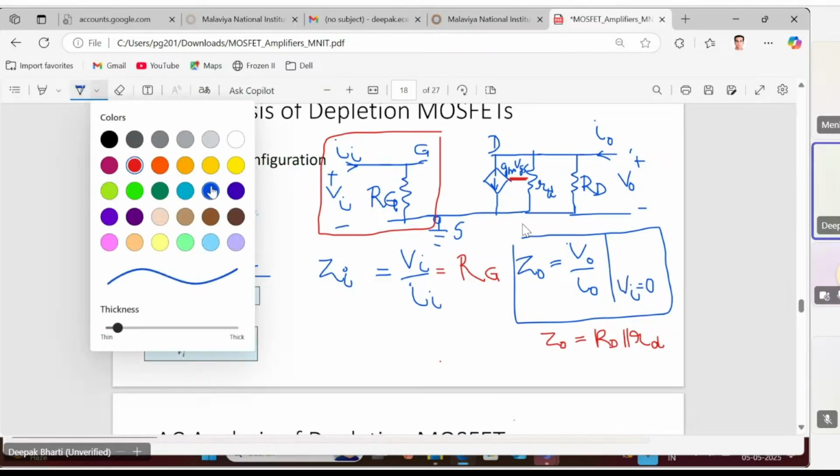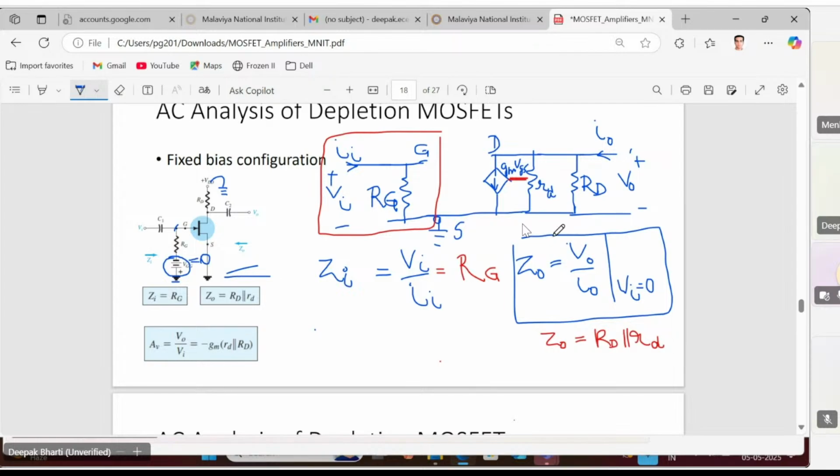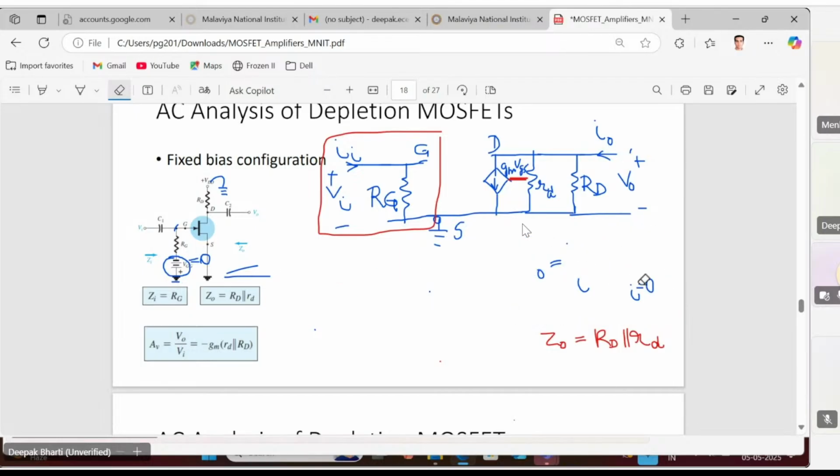And the next parameter to determine is the gain. Gain is what? We have to take the ratio of V0 and Vi. Let me rub some of the parameters which are not needed. Yes. So AV.